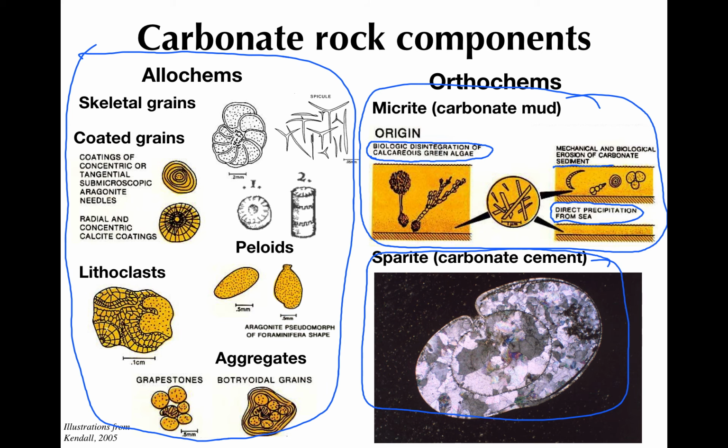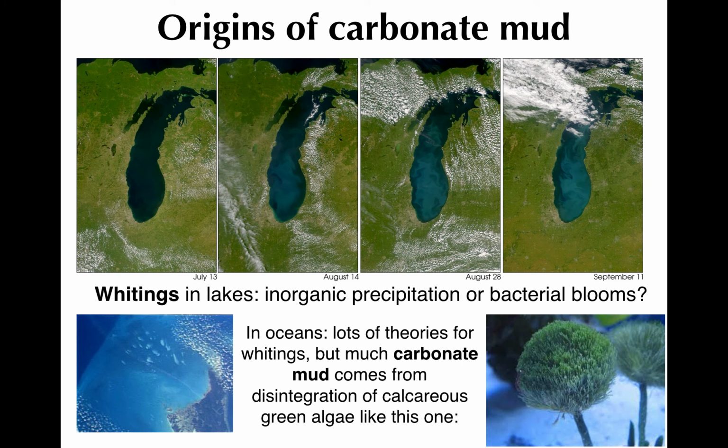And then mechanical and biological erosion of carbonate sediment is a third process. Whenever carbonate mud is produced in a lake or a part of the ocean, it generates this phenomenon called a whiting. So a whiting is a discoloration of water due to the production of carbonate mud.